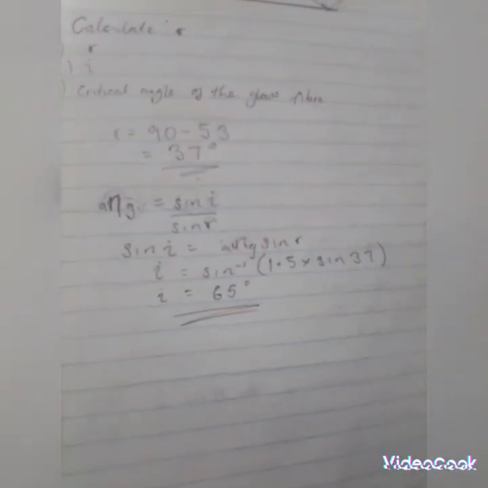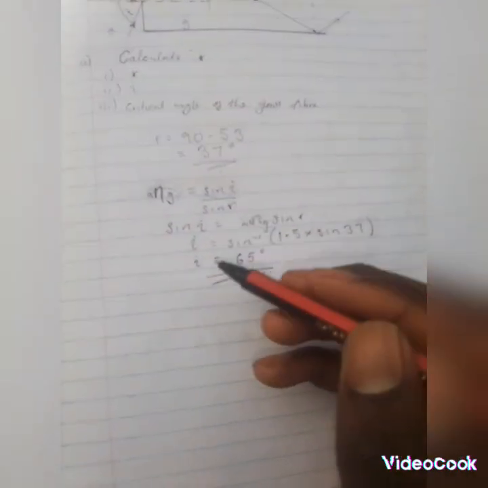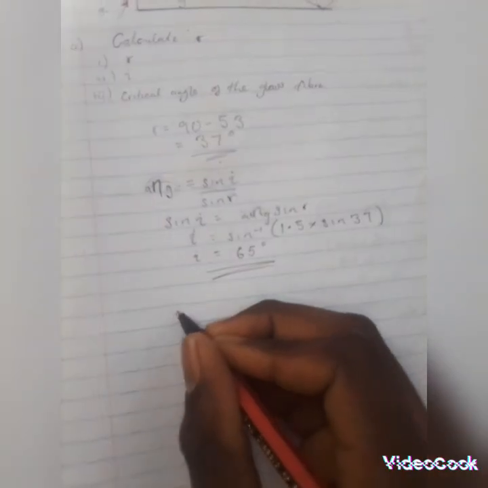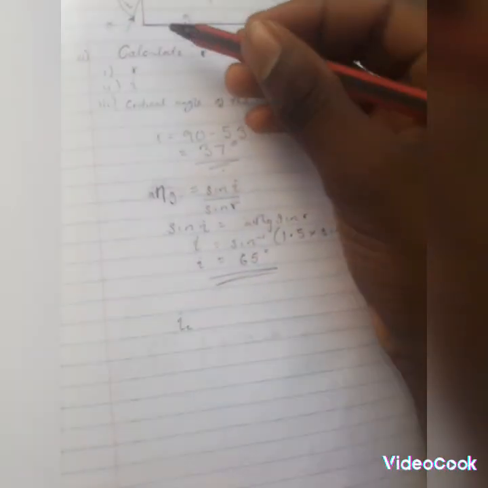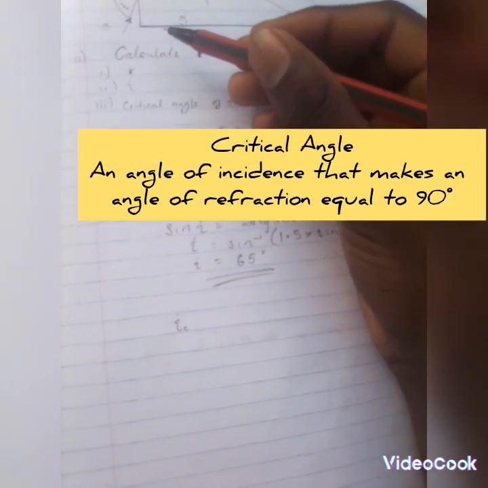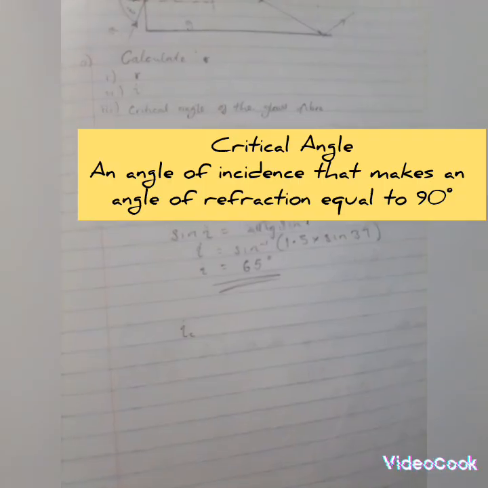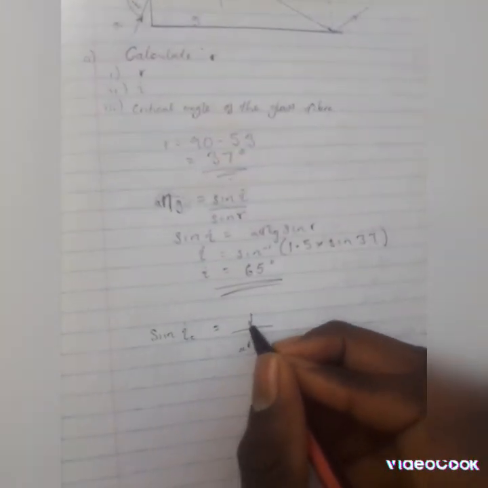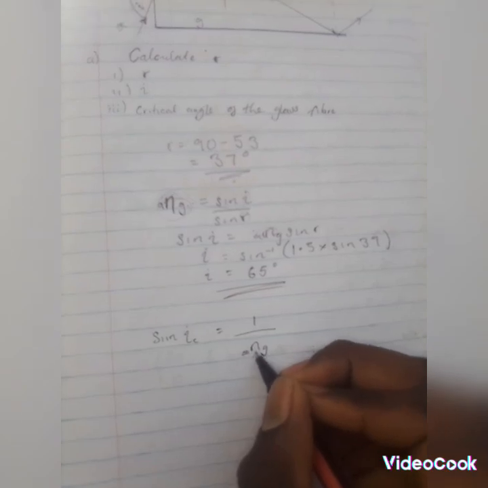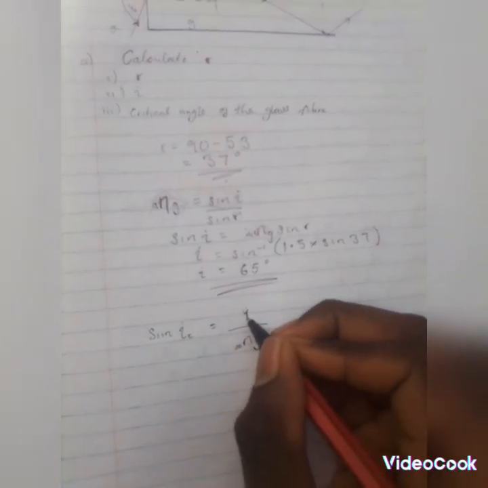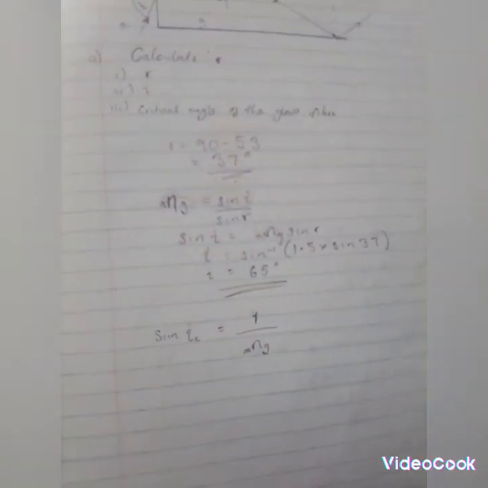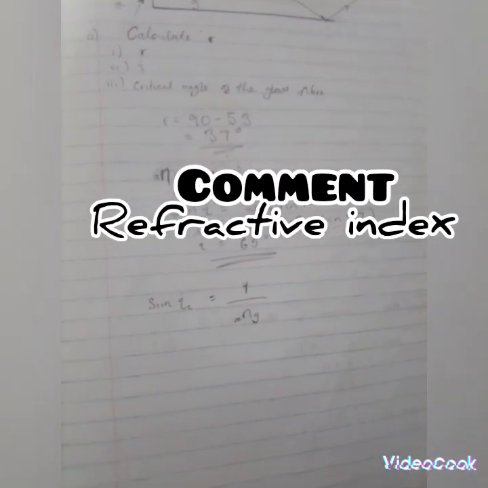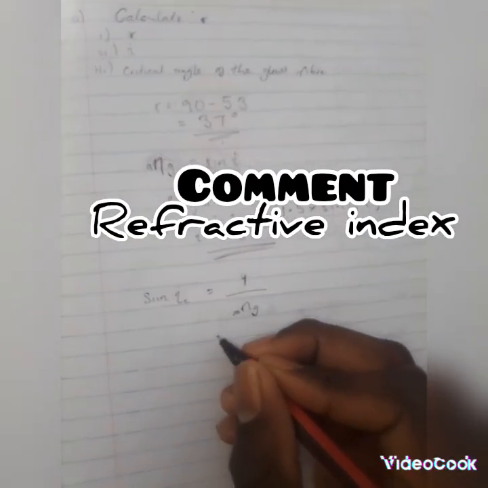And then for the last question, where we want to determine the critical angle. The critical angle is just the angle of incidence that produces a refracted angle of 90 degrees. Critical angle is equal to 1 over the absolute refractive index. If you really want to know how you derive this, just put a comment saying refractive index and I'll make a video on it.